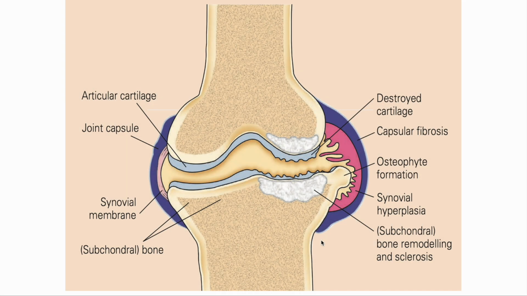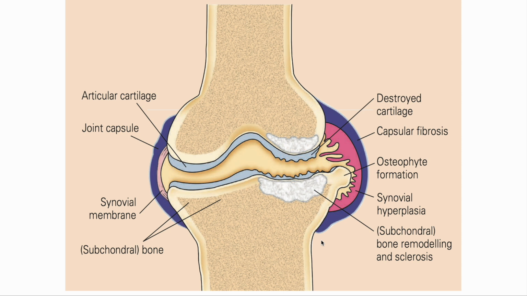Why do we have these kinds of changes? Why don't younger people or children have osteoarthritis? To explain it, we have to understand that when we were young, we were able to repair damage to our bodies.